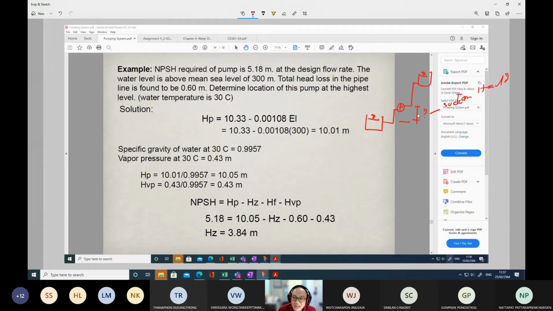Okay, so this question is asking for the suction head. So it can be any height as long as the NPSH available is greater than the NPSH required.